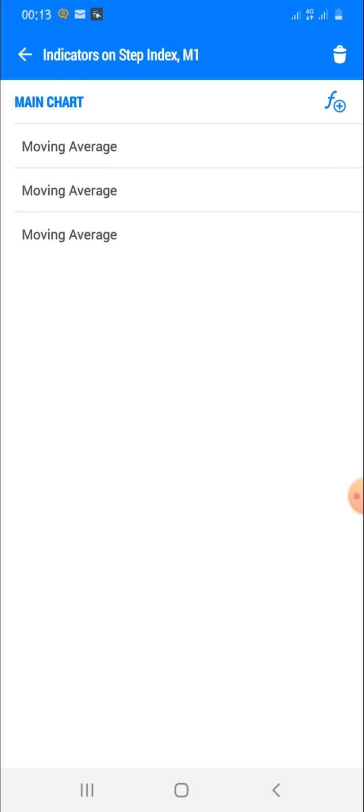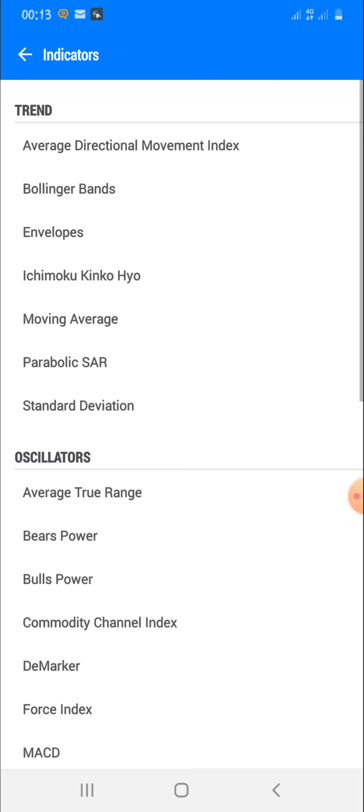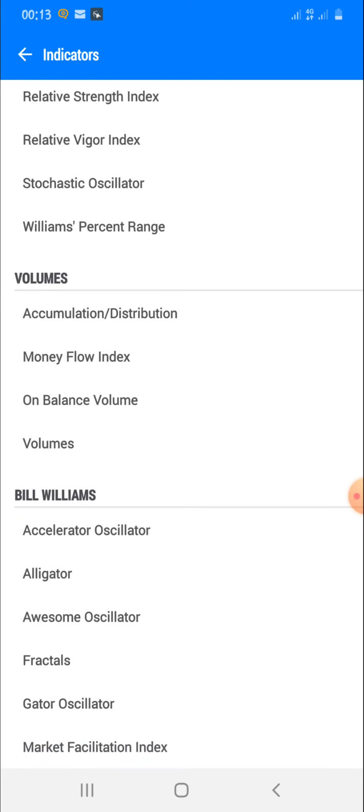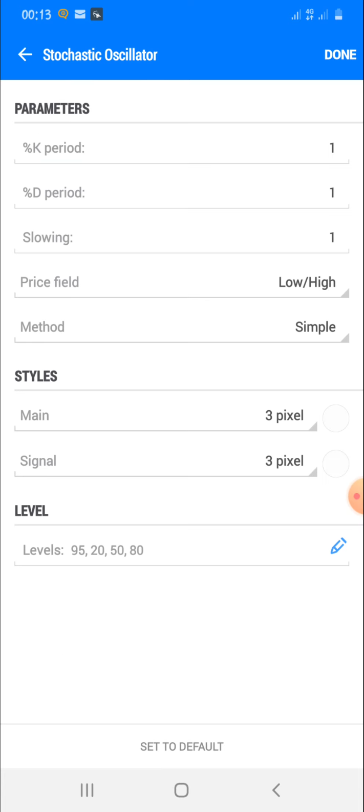Yes, so another indicator, let's insert the stochastic oscillator. The stochastic oscillator, we already have the settings. The percentage K period is 1, percentage D period is 1, slowing is 1, price field low or high.